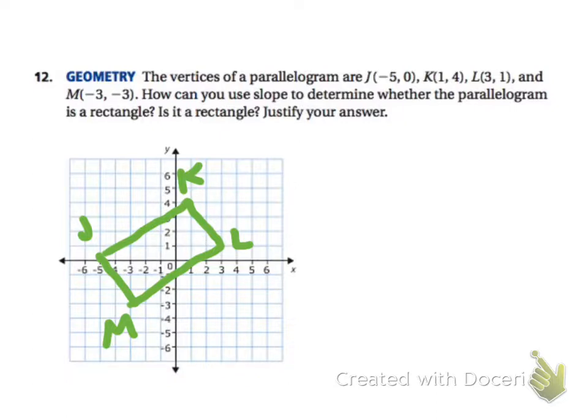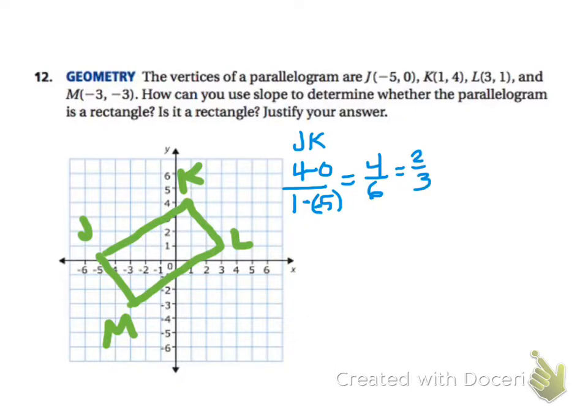Okay, so let's calculate the slope between J and K. I'll label it JK so we know which line I'm doing. So we have 4 minus 0 over 1 minus the negative 5. So 4 over 6. I can simplify this to 2/3.